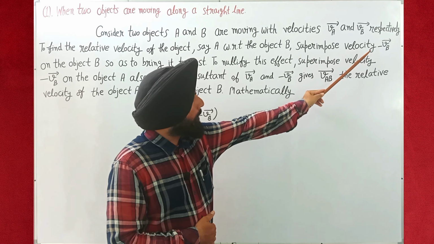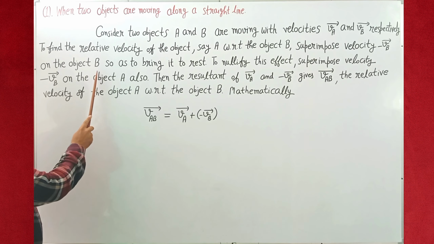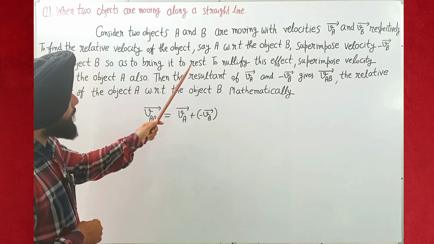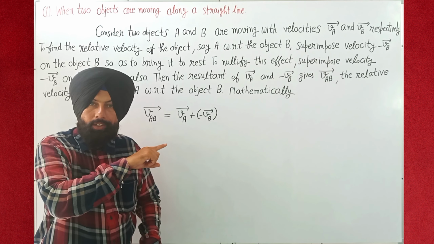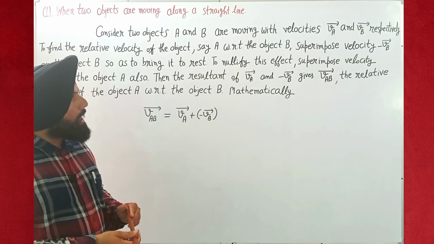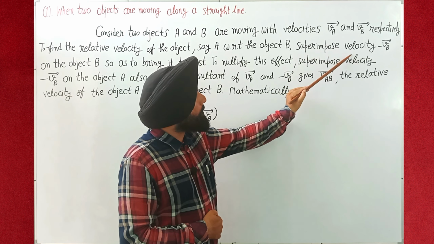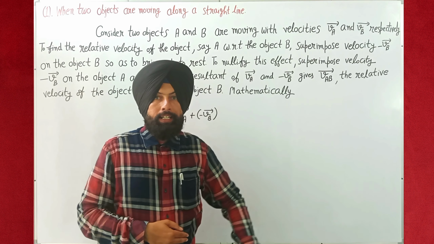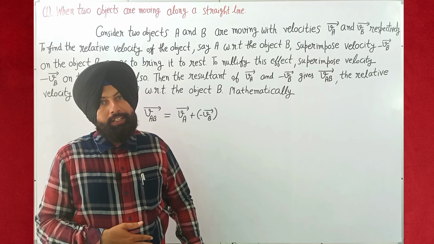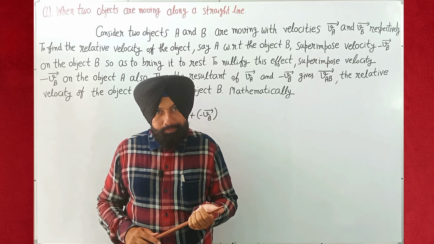Superimpose velocity minus V_B vector on the object B so as to bring it to rest, according to the definitions we have prior discussed. We are doing adjustments, meaning we superimpose velocity minus V_B vector on the object B. Now the object B behaves as at rest.